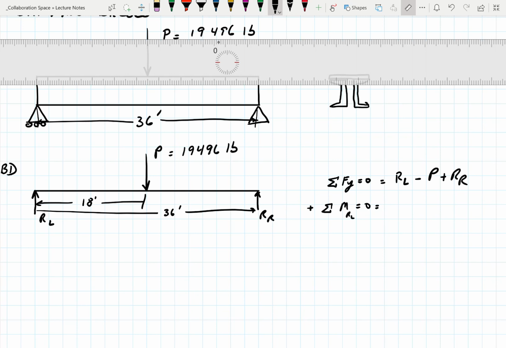Now, the other bit to this is we want to make sure we choose a rotation for the moment. You can choose any way you want.